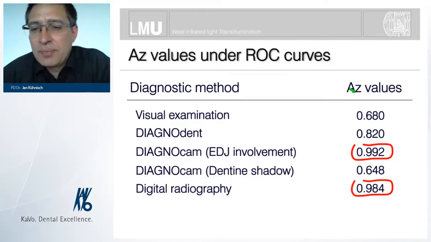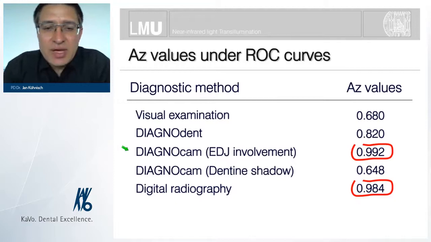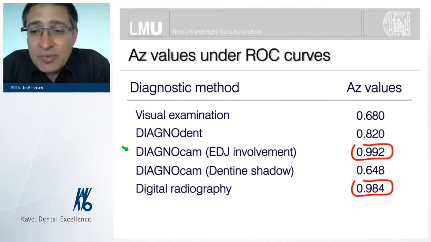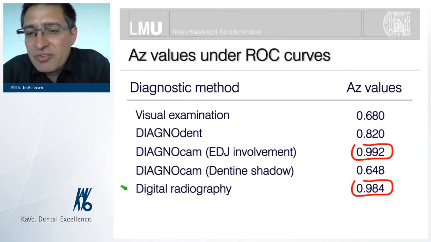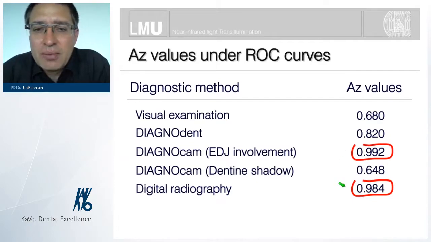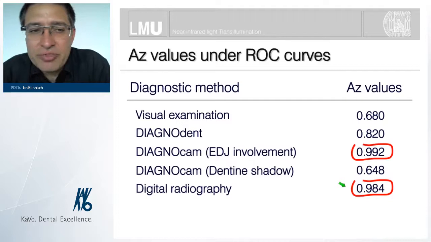Finally, it was very interesting to see that DiagnoCam performed more or less equally for dentine caries detection in comparison to digital radiography. We found high AUC values, which is an important measure for evaluating diagnostic tools. This was an interesting finding that both methods performed quite similarly.